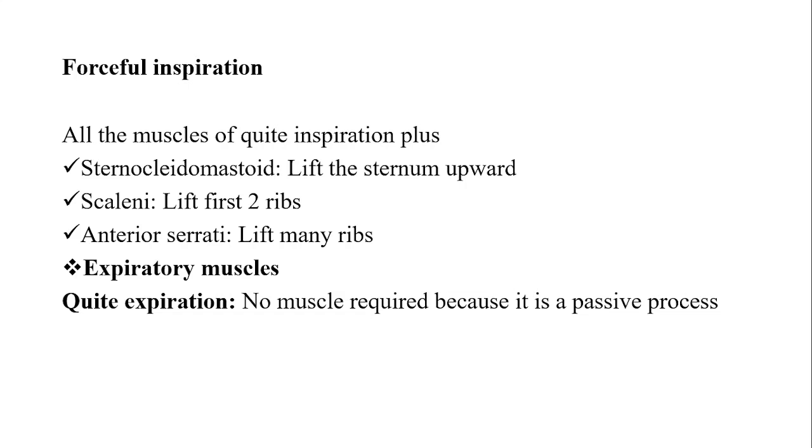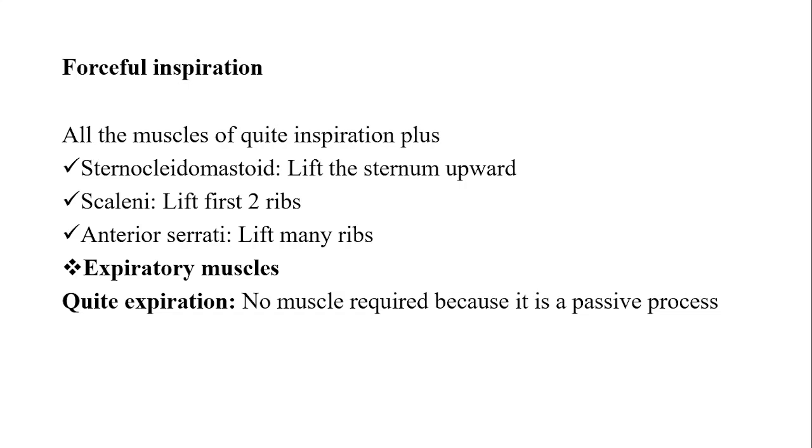So this is called elastic recoil tendency, because they have the tendency to recoil, and this tendency is present in them because they are elastic structures. This elastic recoil tendency itself is sufficient for quiet expiration, that means to expire air quietly.